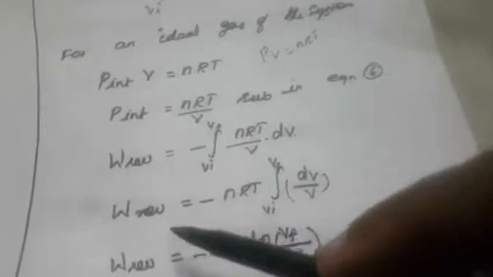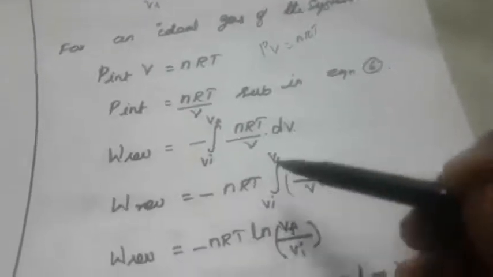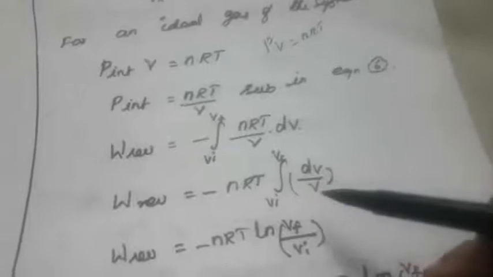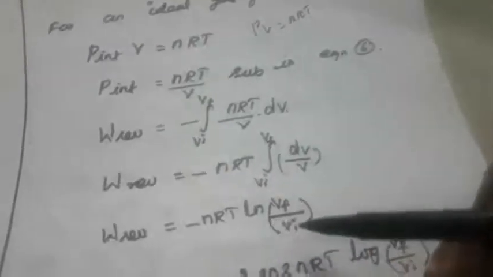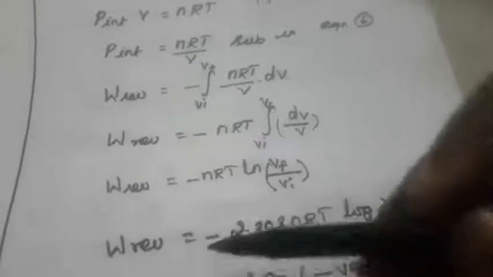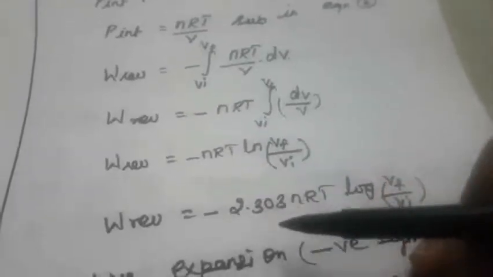nRT is common, so it comes out. So W reversible is equal to minus nRT times the integral from VI to VF of dV by V. So W reversible is equal to minus nRT ln VF by VI. How to simplify that?